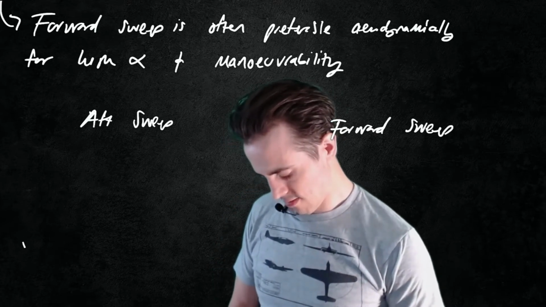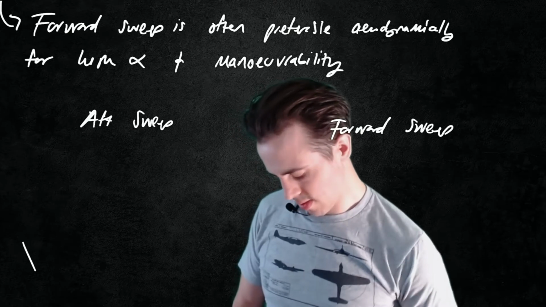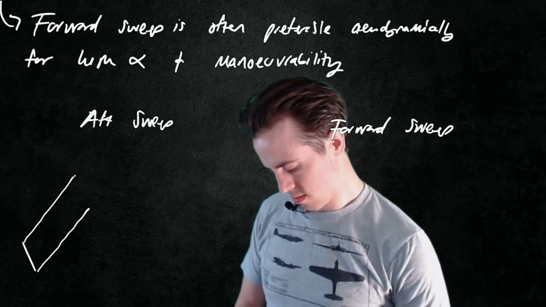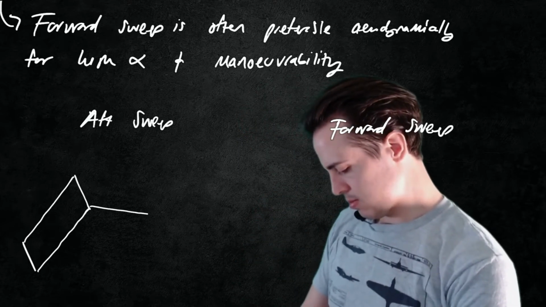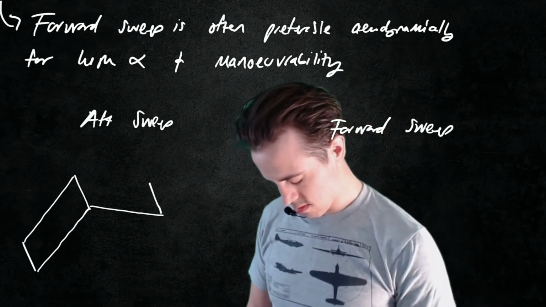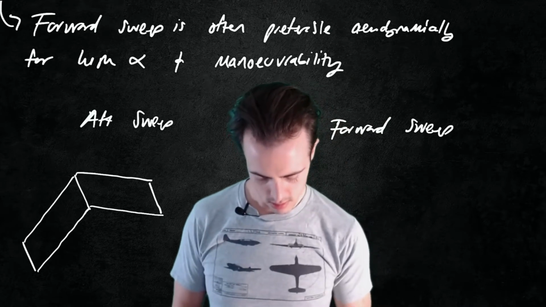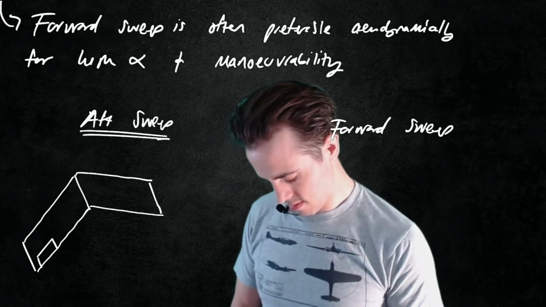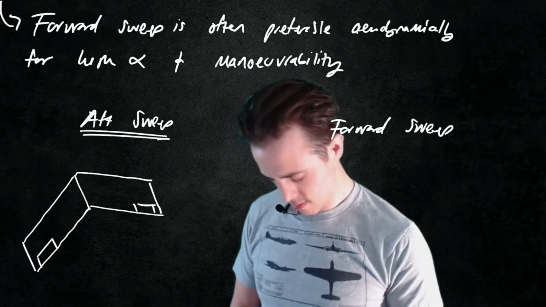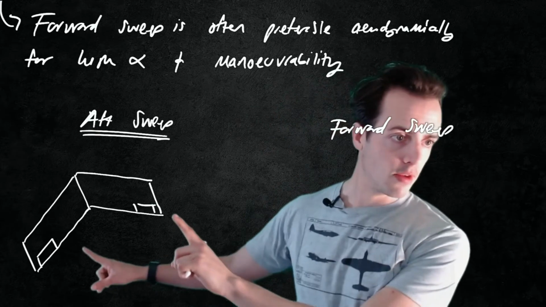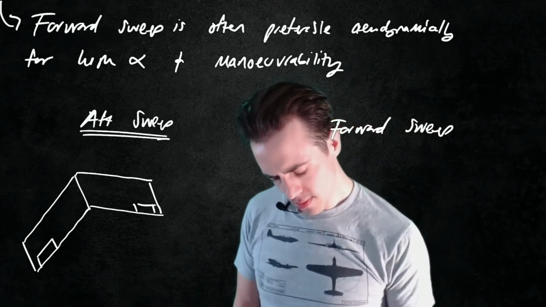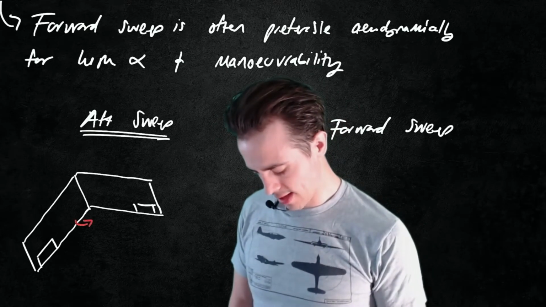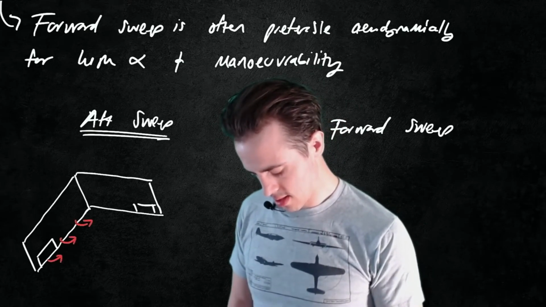So if we have a set of wings with aft sweep, so we've got our wing here and we've got our two ailerons present on the wing, then if we have an increase in angle of attack suddenly on this wing, we're going to have shed some circulation into the wake.